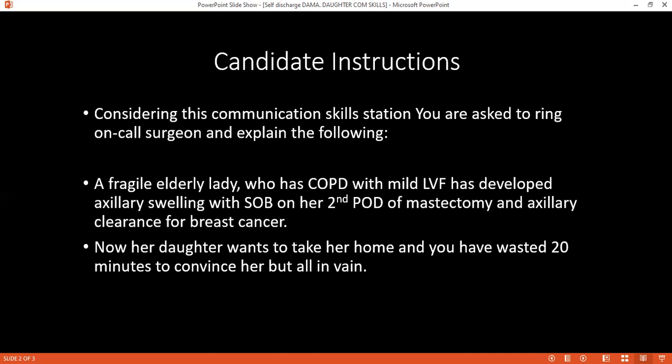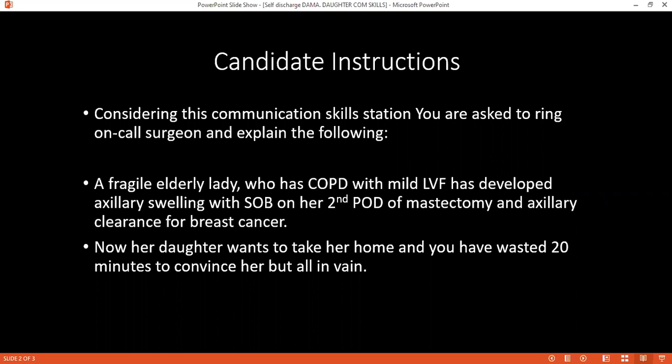Also, I will describe other possible symptoms and signs that might develop, for example an increase in the drain output, or if she is suffering from exacerbated obstructive symptoms, she has to come back to the hospital or go to the nearest hospital.